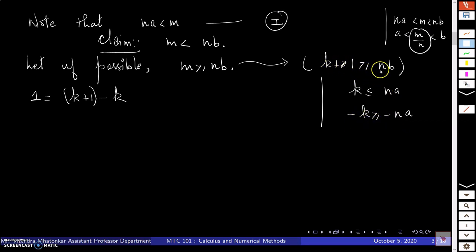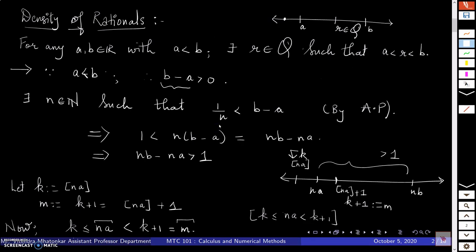Adding the two, k plus 1 minus k is bigger than or equal to nb minus na. So finally what we have obtained is nb minus na is less than or equal to 1.